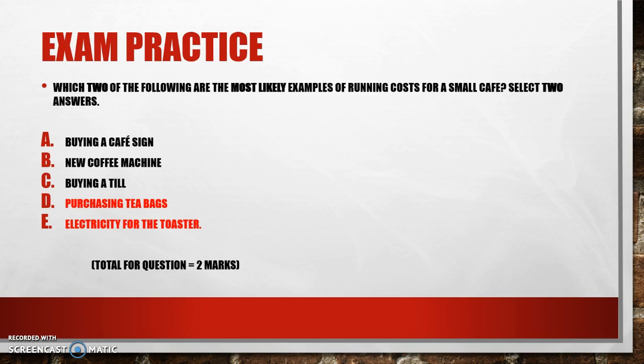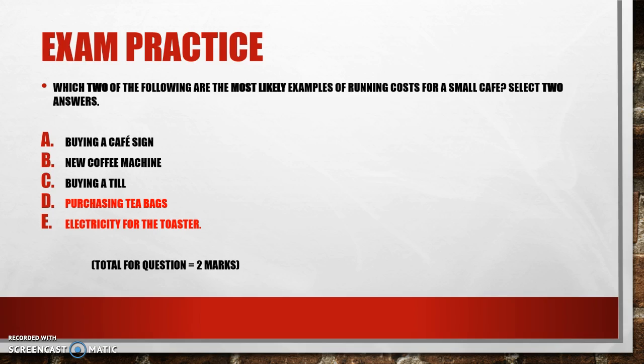Now, I've put most likely. Some people might say that a new coffee machine, whilst your business is up and running, you might need to buy a new coffee machine. I don't disagree at all, but we're thinking about most likely, and the exam may use this terminology, and it wants you to really think through the questions.